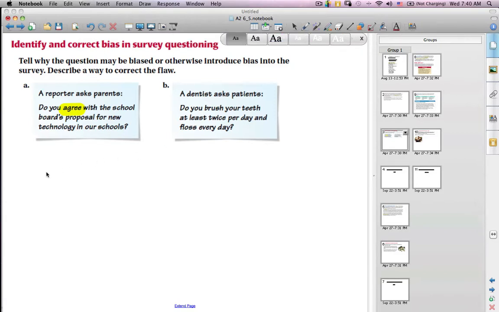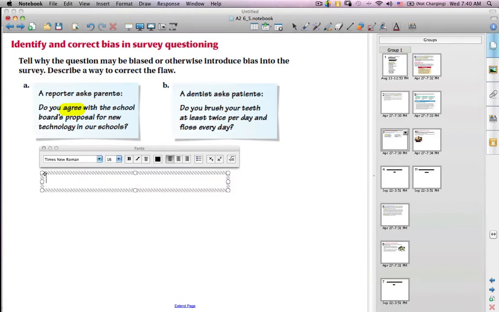So what might be better would be to put in something like, how do you feel about the school board's proposal for new technology in our schools? I'm not going to type all that out, but you get the idea.